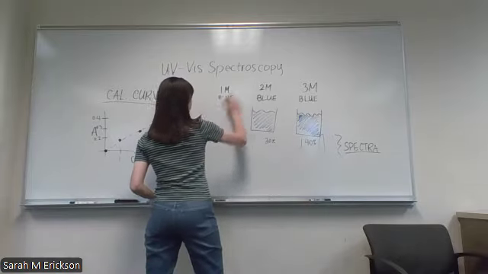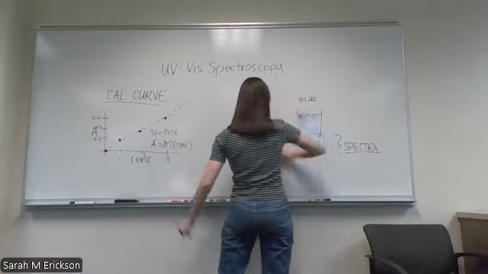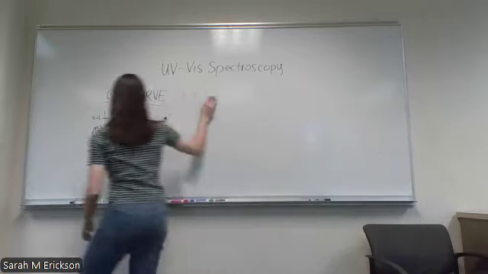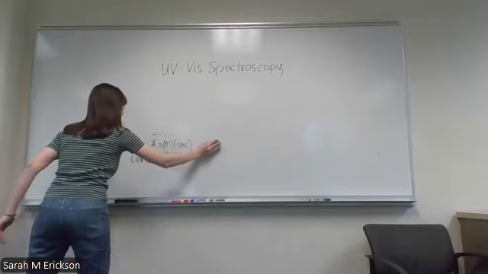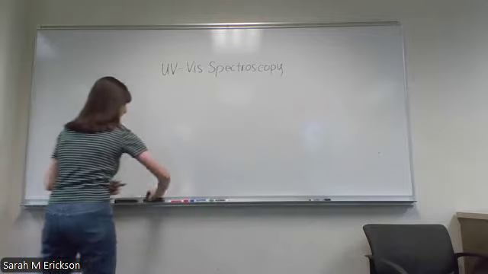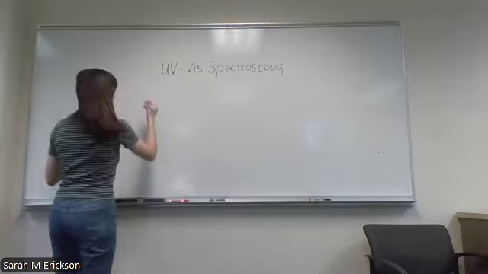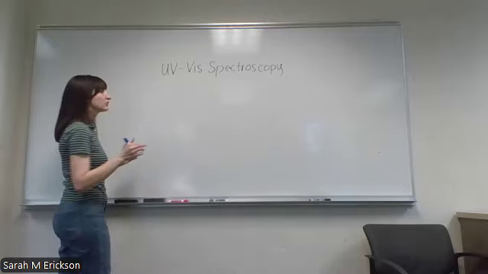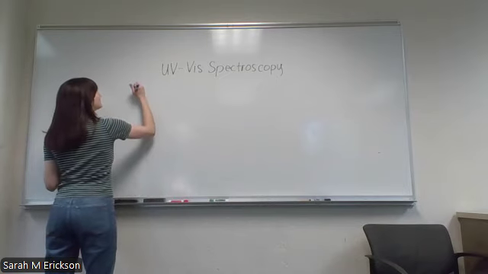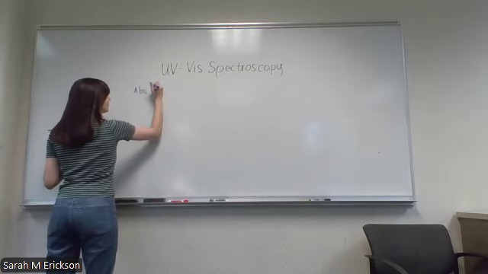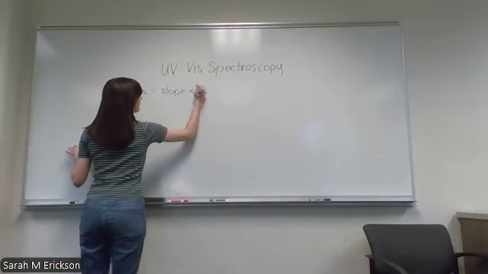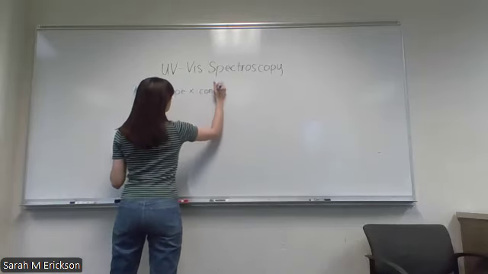So let me erase some of this so I have room to explain the next part to you. Okay, so you end this whole process with two calibration curves. And from both of those calibration curves, we get an equation, right? So we had absorbance is going to be equal to slope times concentration.